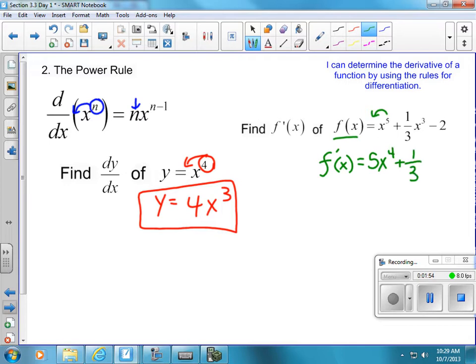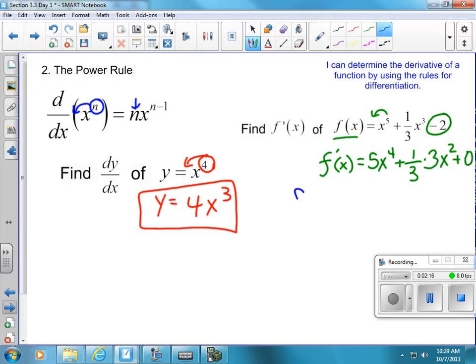We add 1/3. 1/3 is just a constant, and we'll talk about that rule next. So 1/3 times x cubed is 3 x's squared. Now the derivative of the negative 2, we just said equals 0. The derivative of any constant is 0.